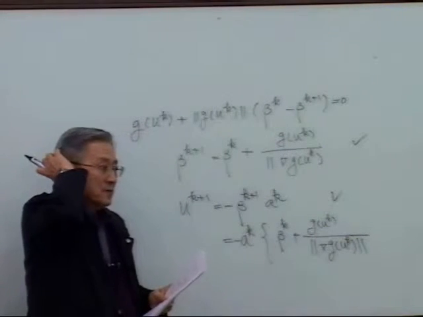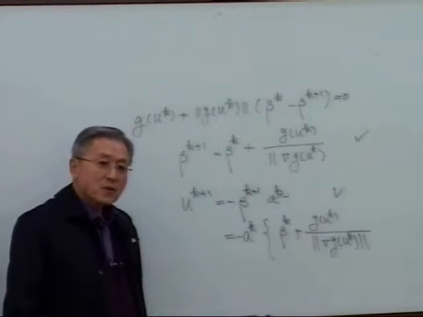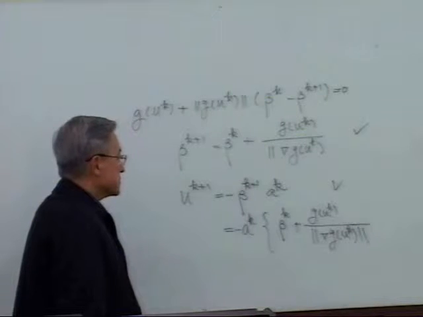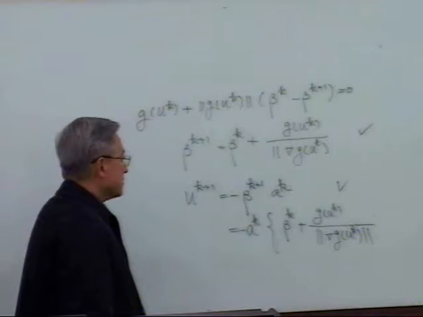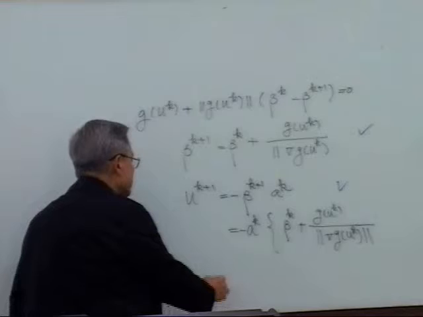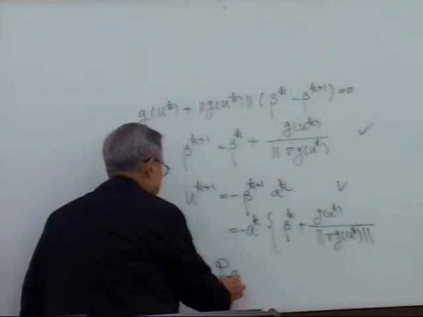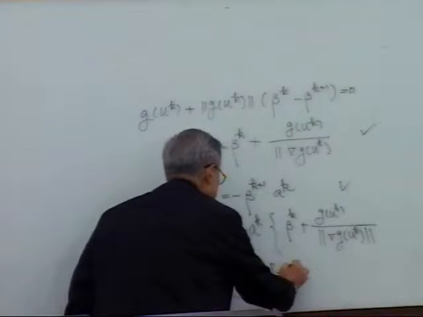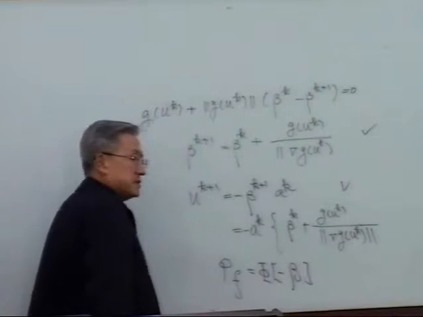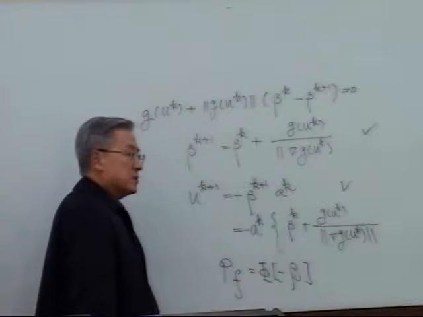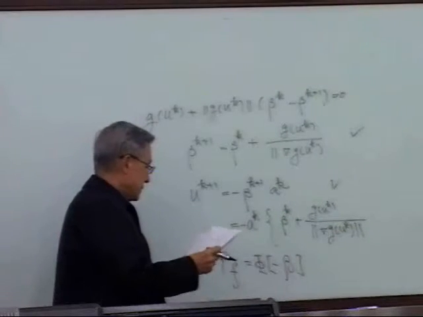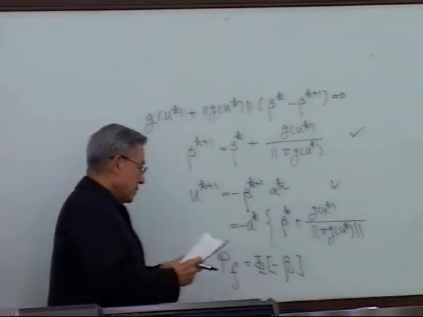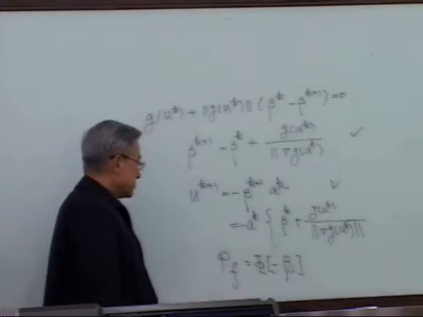So this is final. No more additional equations to solve. The destination is really to solve the PF. PF is equal to, in this case, minus beta. Beta is the reliability index, as you know.